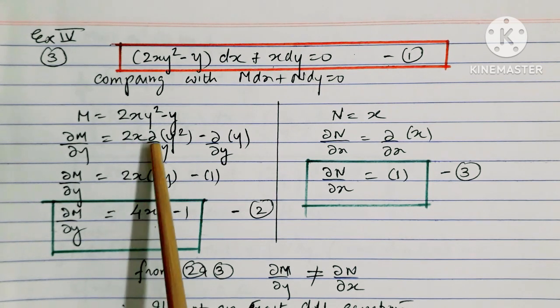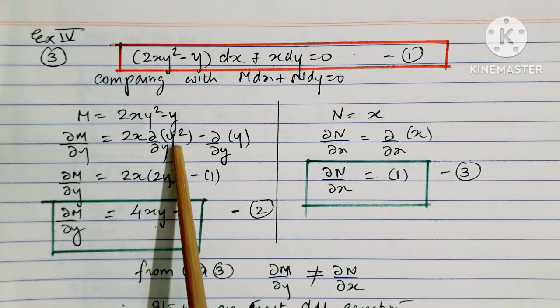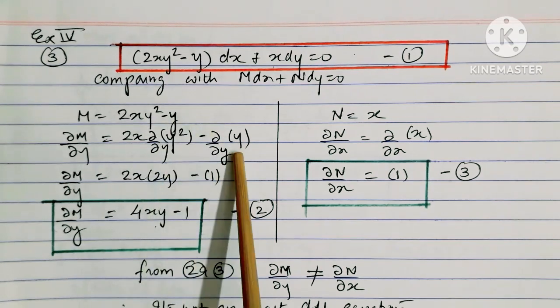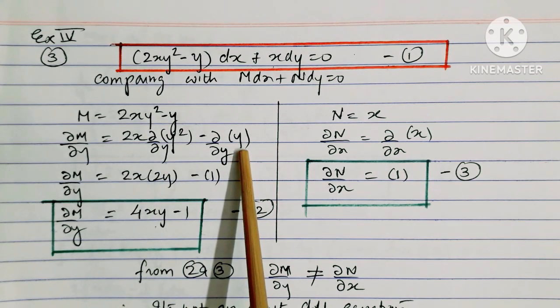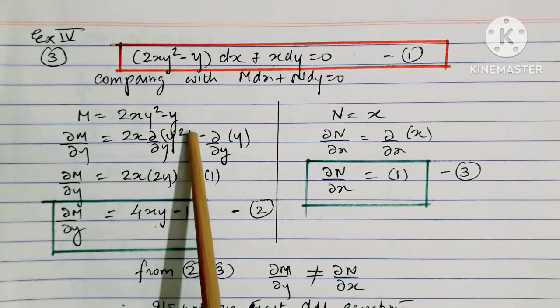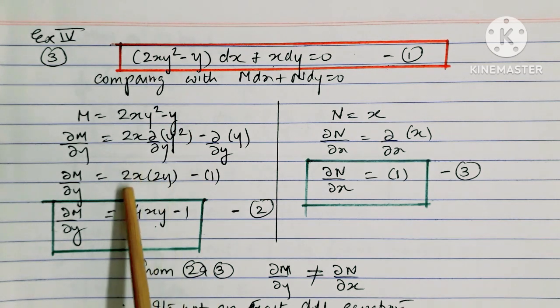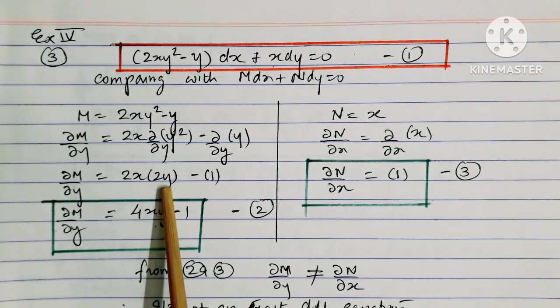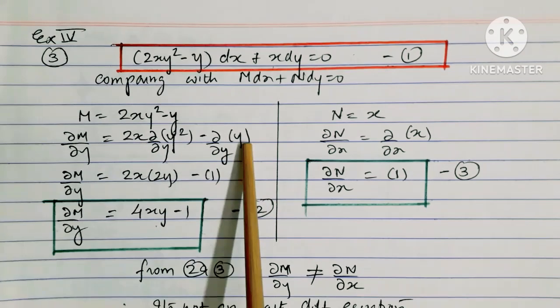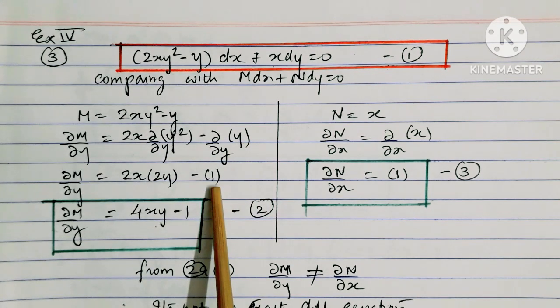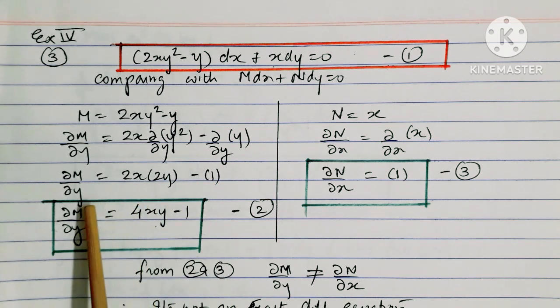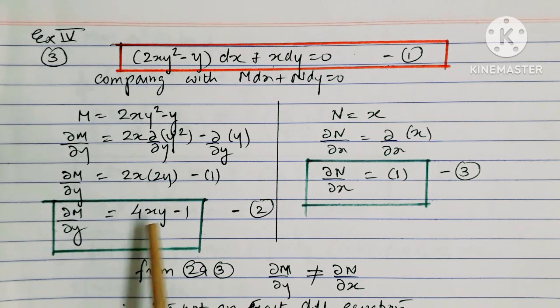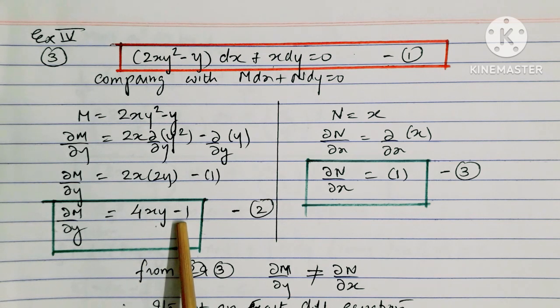So this would be 2x ∂/∂y of y² minus ∂/∂y of y. Now ∂/∂y of y² is 2y. So this would be 2x into 2y minus ∂/∂y of y, which is 1. So this would be minus 1. Therefore ∂M/∂y = 4xy − 1.